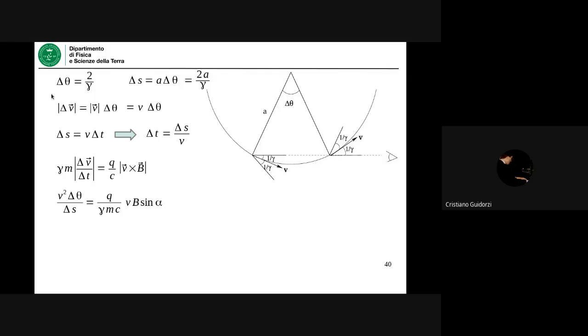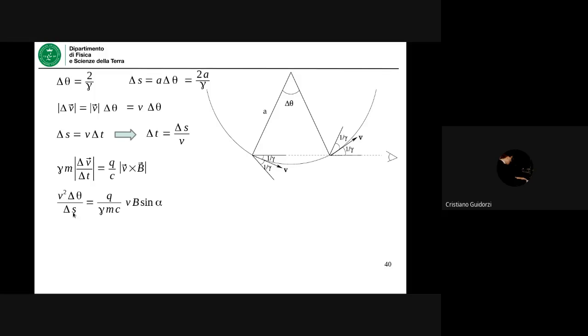Instead of going through all this, if you remember from basic kinematics, you could immediately see that the left-hand side of this equation is just v squared over the curvature radius. And you know that v squared over the curvature radius is the normal component of the acceleration.